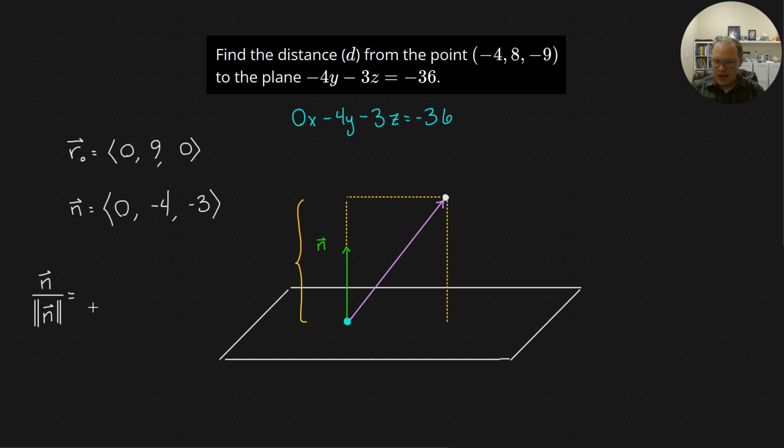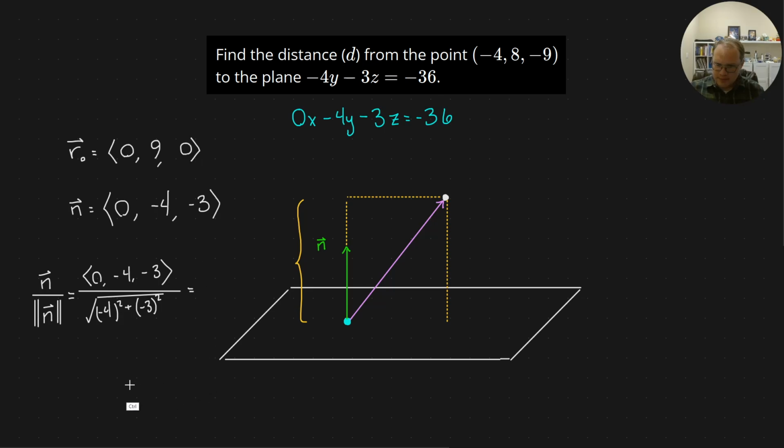The norm is the square root of -4 squared plus -3 squared. Notice I didn't bother writing the 0. It's kind of boring. -4 squared is 16, -3 squared is 9, 16 plus 9 is 25, square root of 25 is 5.